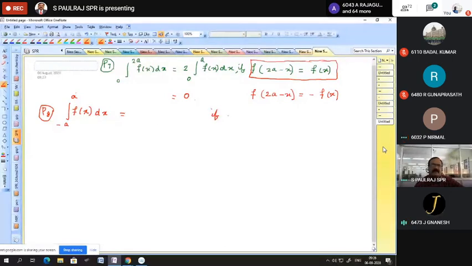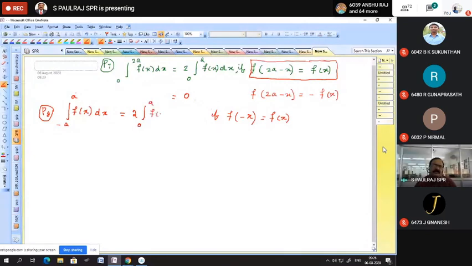If f of minus x equals f of x, then the answer equals 2 into integral 0 to a f of x into dx.